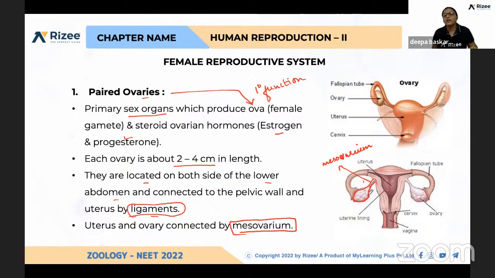It is attached to the abdominal cavity by ligaments, and it is attached to the uterus by the ligaments named mesoovarium. And what is the role of these ovaries? To produce the female gamete, that is ovum, egg, and production of ovarian hormones. So egg production and hormone production is the major role of ovaries.